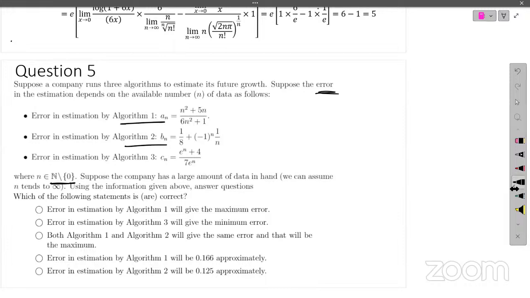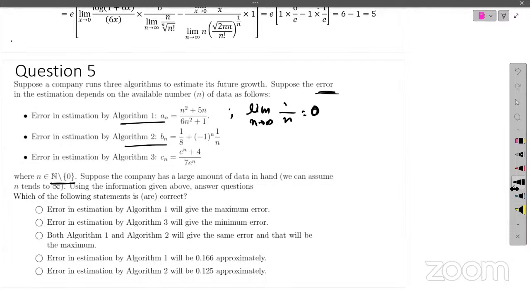Okay, so here the sequence is (n square plus 5n) upon (6 n square plus 1), and we know that whenever we have such a sequence, we pull out the highest power of n, cancel it out, and then apply the limit. Because we know that limit n goes to infinity, 1 by n is equal to 0, right? So we just use this limit.